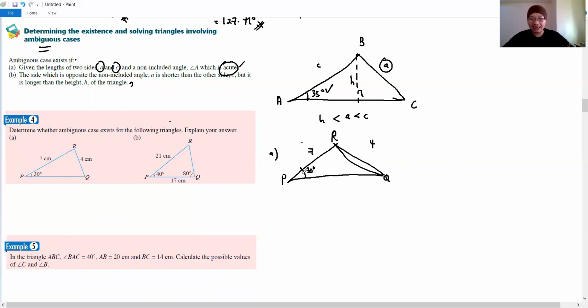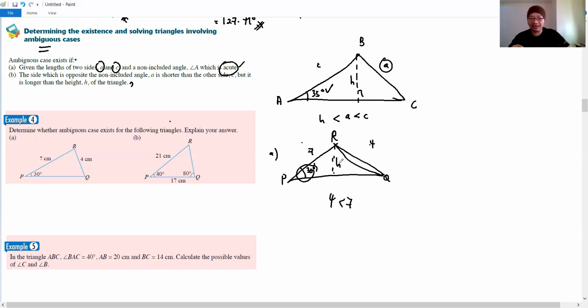First, you need to check the angle given. Angle given is an acute angle already, number 1. Number 2, you need to check the opposite side here is 4 cm, right? The length of 4 cm must be less than the length of C, so A must be less than C. You see your C is 7. So 4 is less than 7. So automatically this is your height, right?